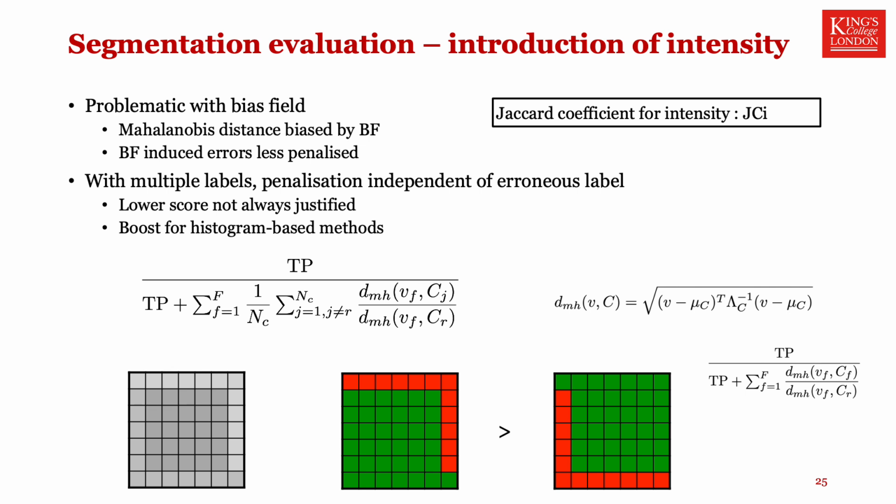The thing is that this type of method is a bit biased because a lower score is not always justified, and you can actually boost a lot the histogram-based methods that are based on intensity and that will actually make more of those errors in the area of small difference of intensity compared to the ground truth, compared to other methods that may be based on shape and so on.